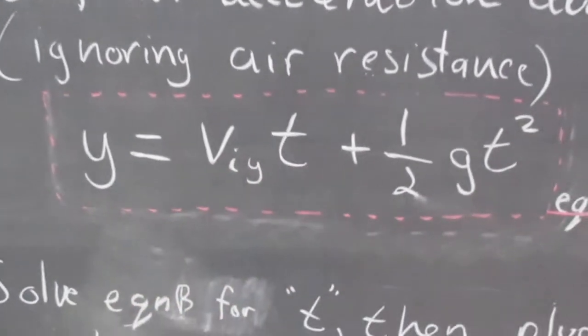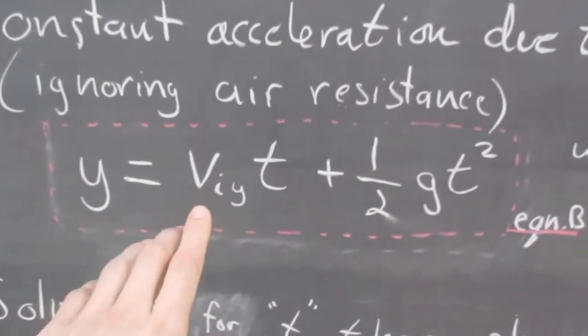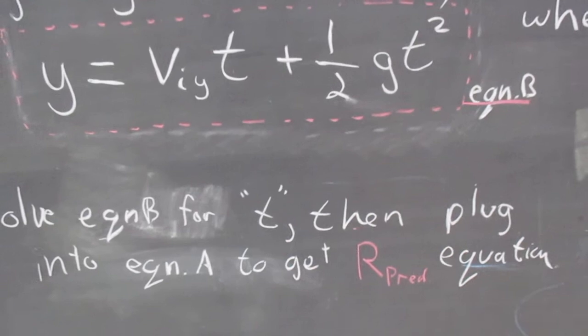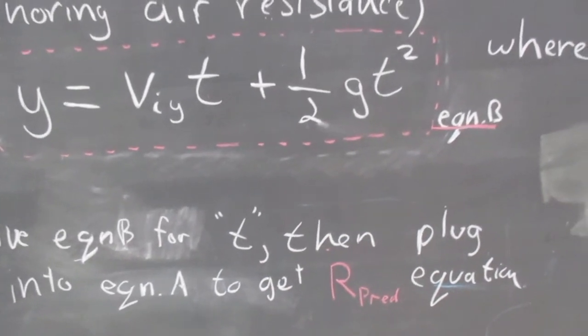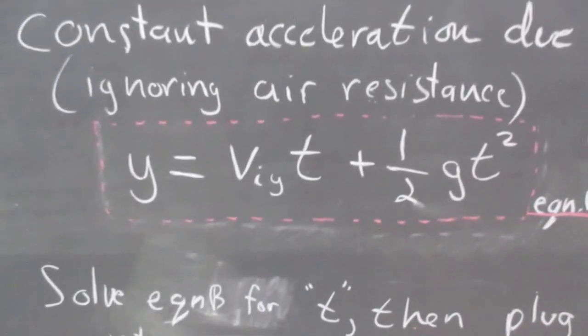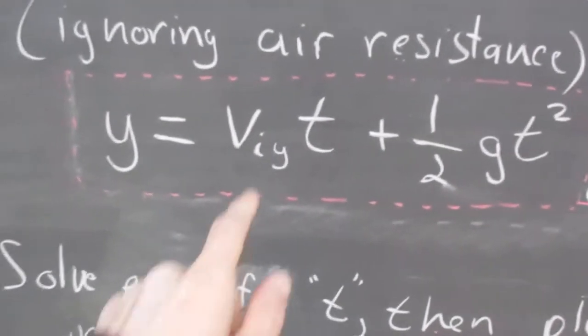So we want to solve this equation for t and then substitute it into our equation we had above to find r predicted. All right, but let's try to simplify it first. Our initial vertical velocity.